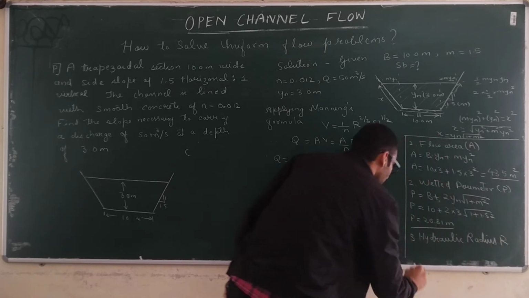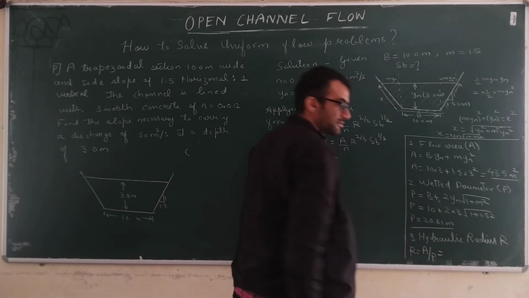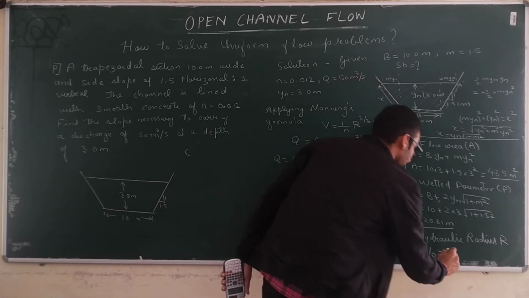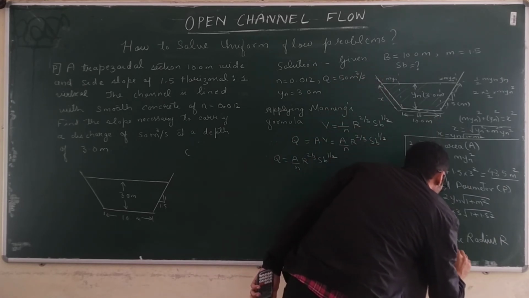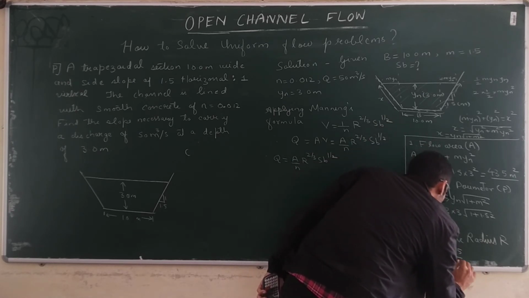Now hydraulic radius R is given by flow area divided by wetted perimeter. It is the ratio of flow area to the wetted perimeter. So just divide area, that is 43.5, upon wetted perimeter, 20.81.